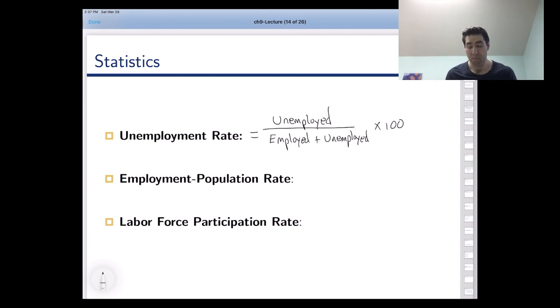So remember, the employed plus the unemployed is the labor force. So this unemployment rate is also equal to the number of people unemployed divided by the labor force, times 100. Or remember that the labor force is equal to employed plus unemployed.